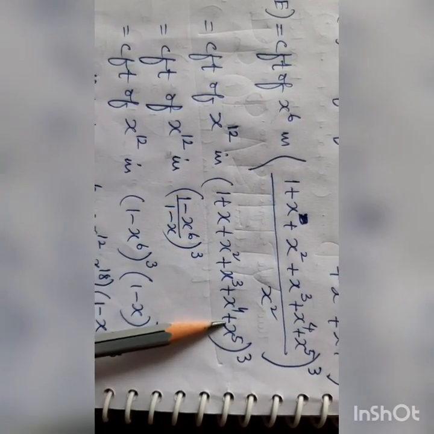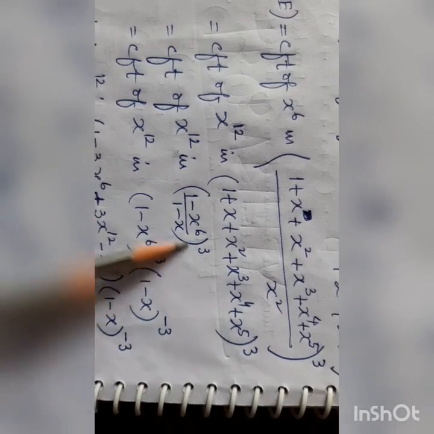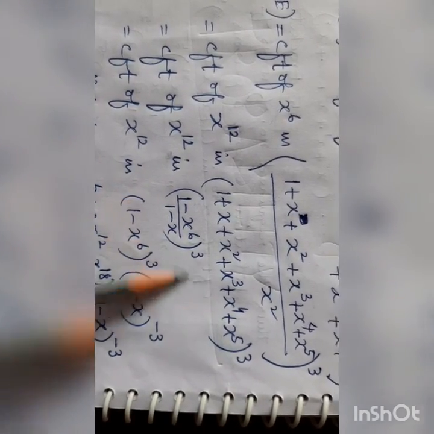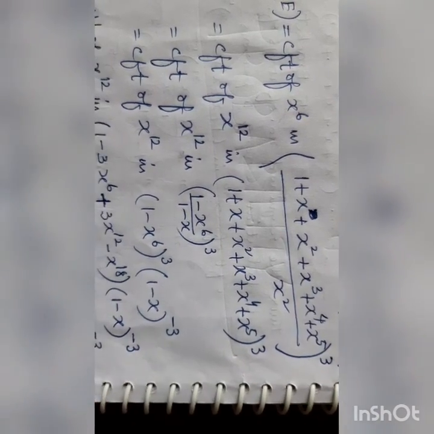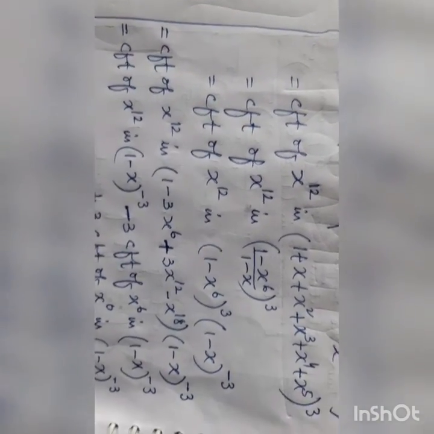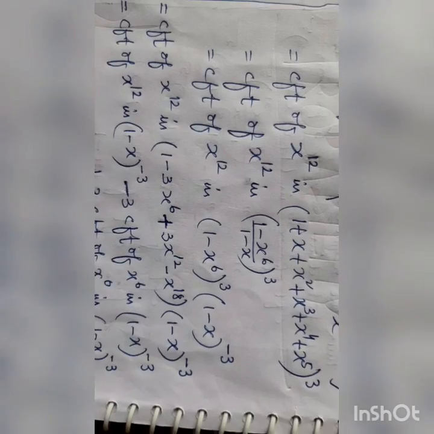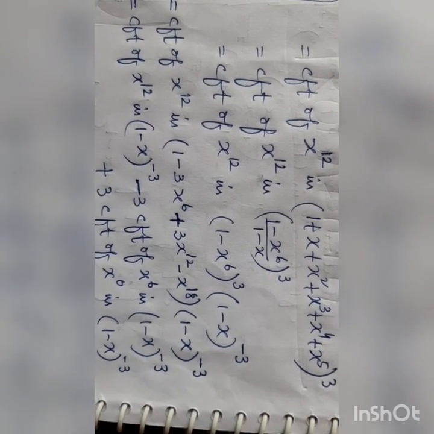This is multinomial, you have to change this into binomial. x power 6, 1 minus x power 6 by 1 minus x whole cube. So 1 minus x power 6 whole cube into 1 minus x whole power minus 3. Now you are turning into the results of binomial expansions.